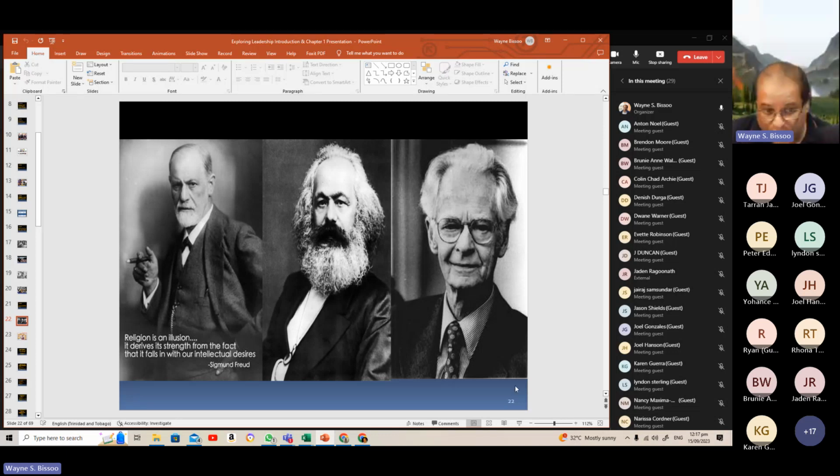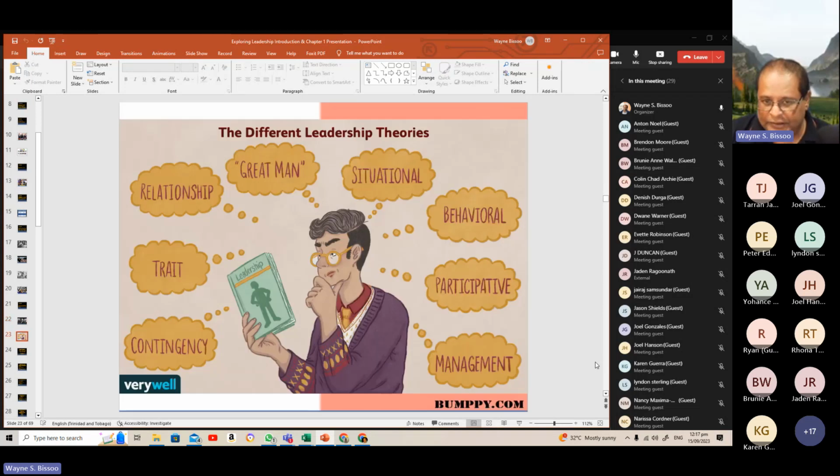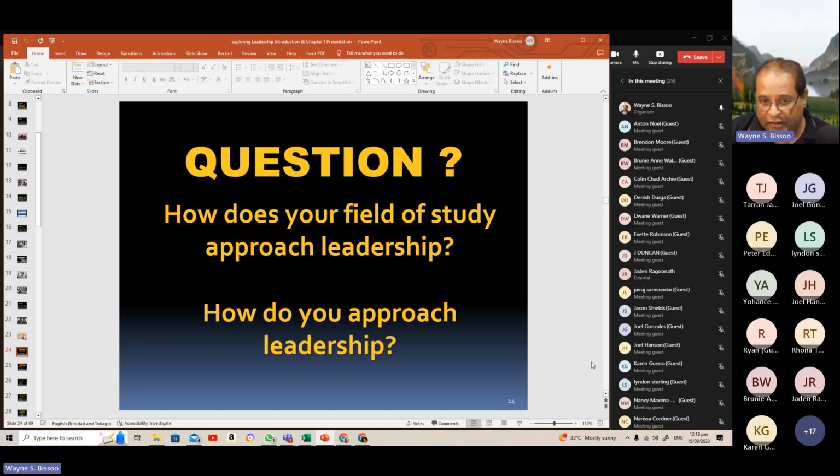Karl Marx is actually a sociologist and the other one's a psychologist, just remember that. They all contributed in their work towards the development of some of the ideas and concepts we're going to be looking at. A lot of the theories in this course have their origins in these areas of thinking, especially psychology.